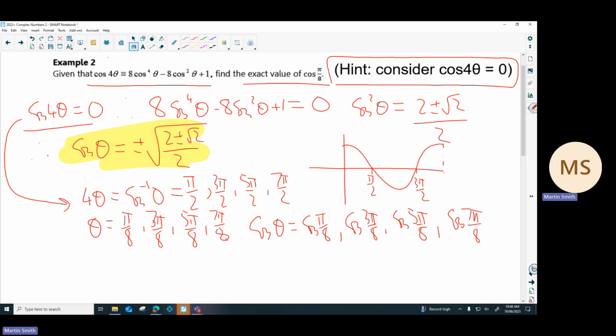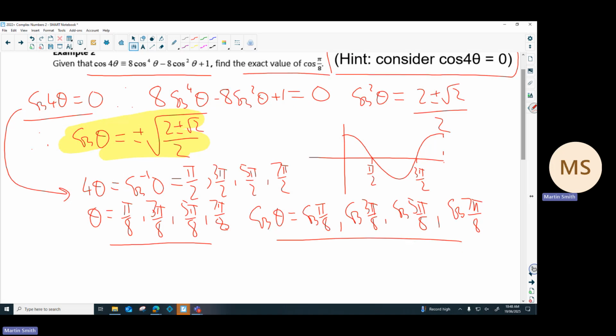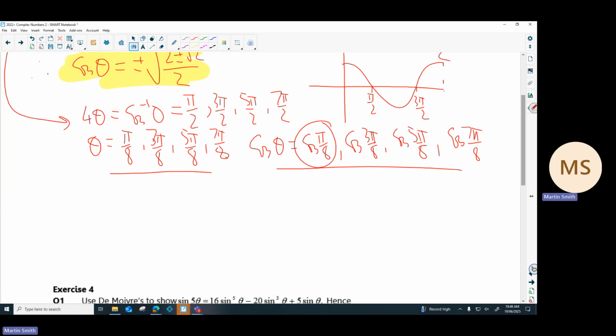Because the equation is solved when cos theta is equal to these surds. The equation is solved when theta is these angles, so cos theta is that. And cos pi over 8 is one of these solutions. That's what we're looking for. So what this means is that cos of pi over 8 is one of the following exact values, plus or minus the square root of 2 plus or minus root 2 over 2.